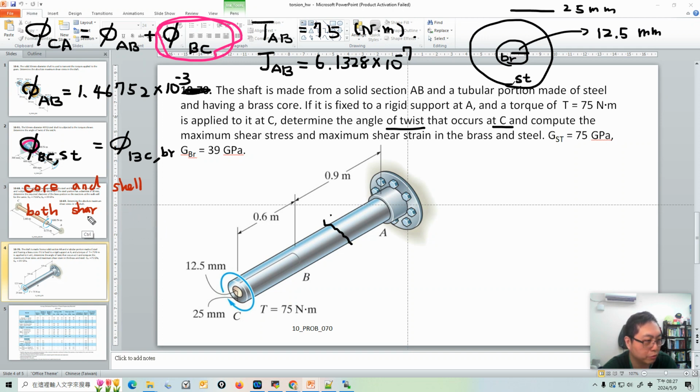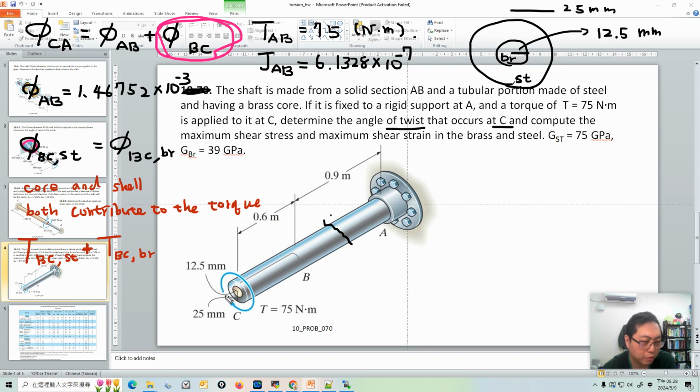So we have the torque in BC from the steel, and we also have the torque in BC from the brass.